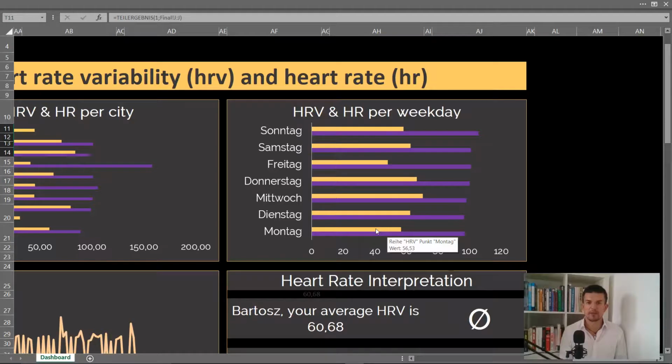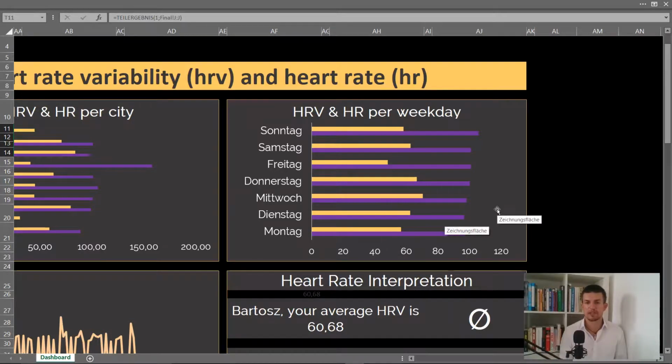But at the same time, it shows me that closing the week and beginning the week with new tasks is kind of stressful, so you have to concentrate very much, while the time when I'm, for example, in Wolfsburg is not as stressful. Being at the client is not as stressful for me.